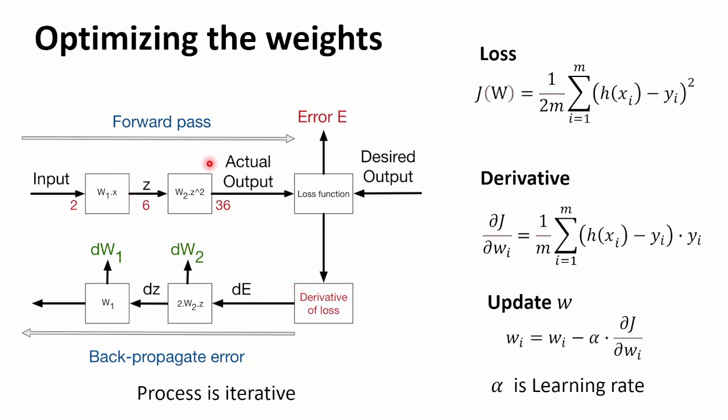So in summary, we have a forward pass through the neural network where it predicts the value, and once the value is predicted, you find the error in the prediction and then propagate it backwards, which is called backpropagation, where you try to optimize the weights, and you have some parameters which decide how much the weight should be optimized.